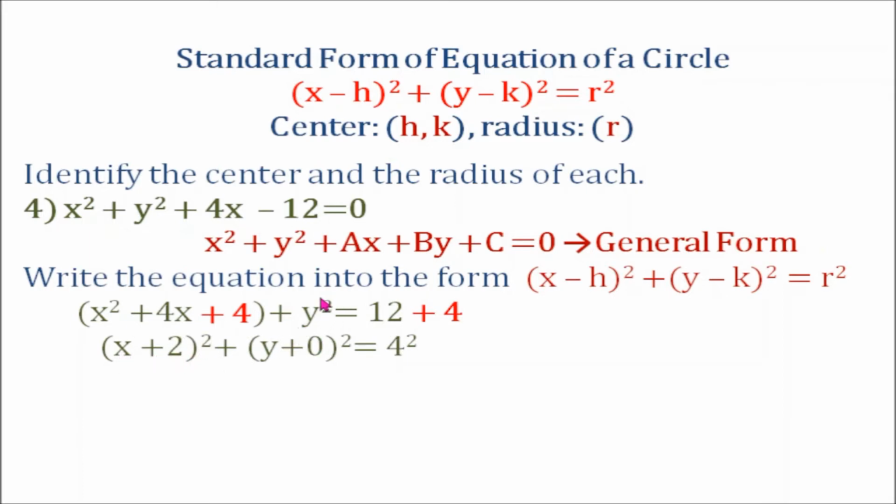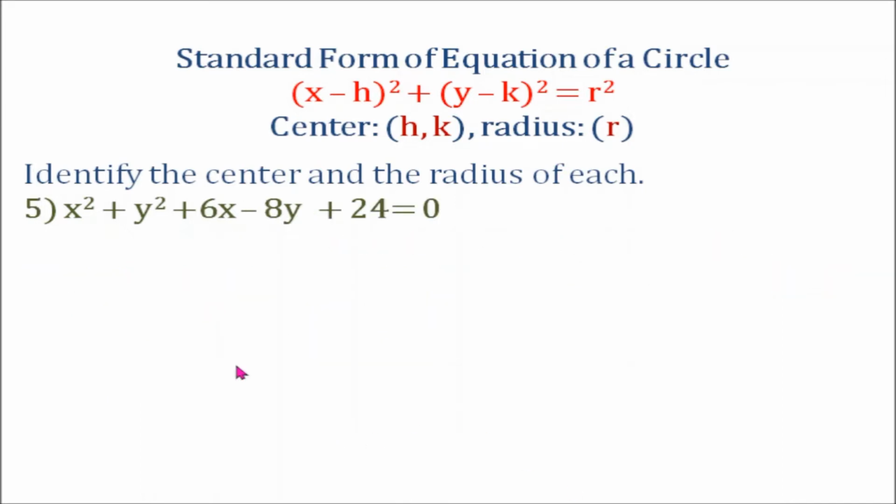And because we only have y squared here, we can also write this as the quantity y plus 0 squared. And 12 plus 4 is 16, and 16 can be written as 4 squared. Now, our center has coordinates -2 and 0, and our radius is 4.